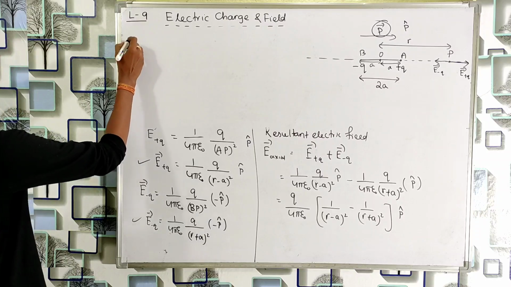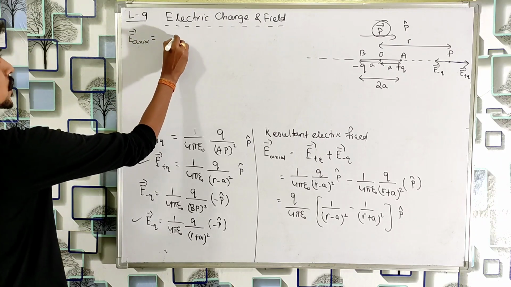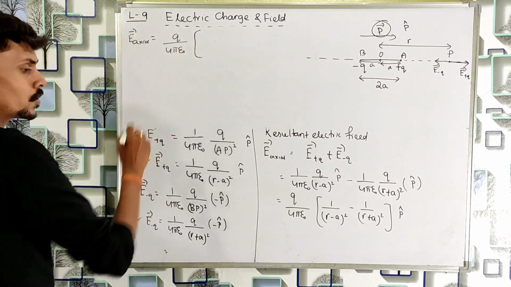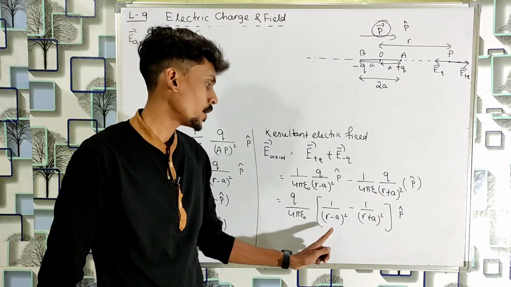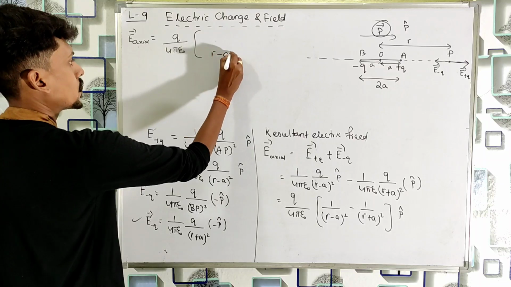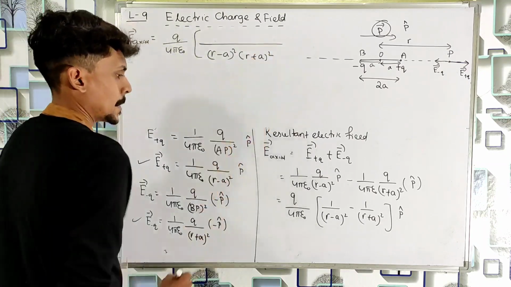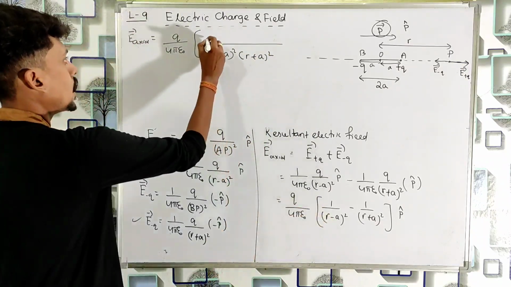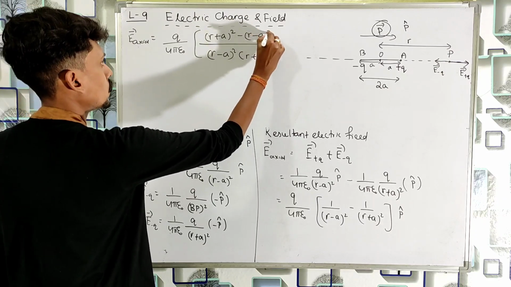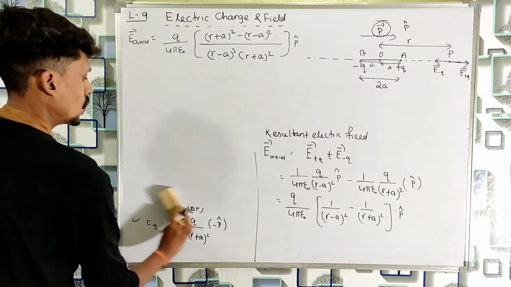So E axial is equal to Q by 4 pi epsilon naught. Now you can take LCM. The LCM will be R minus A whole square into R plus A whole square, and here you will get R plus A whole square minus R minus A whole square whole into P cap. Is that clear?